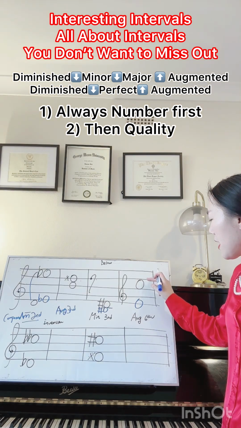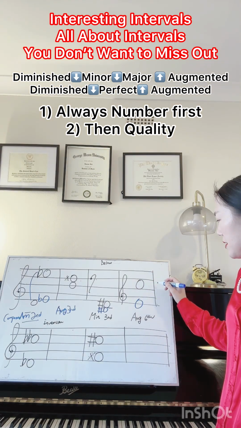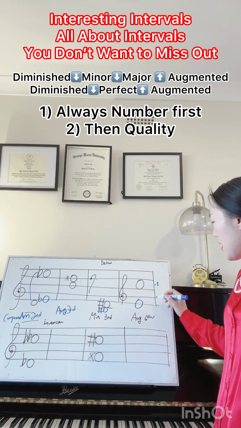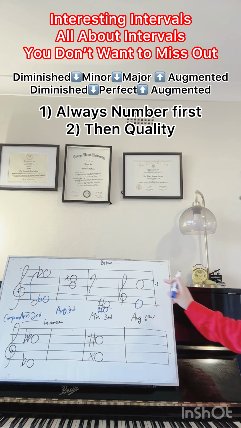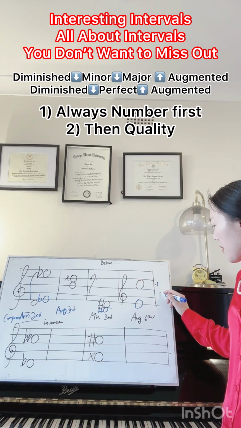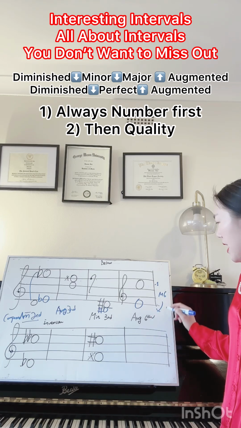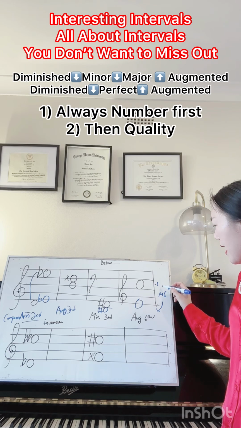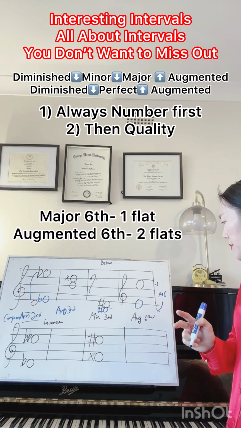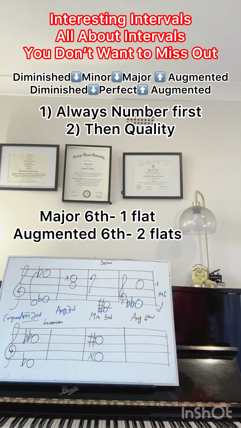You're supposed to have a sharp, but you don't, which means it's been reduced by a semitone. If you had a C sharp, it would be E major, a major 6th. But we have to turn it into an augmented 6th. So basically, we have to lower the lowest note by 2 semitones. So you need a double flat.